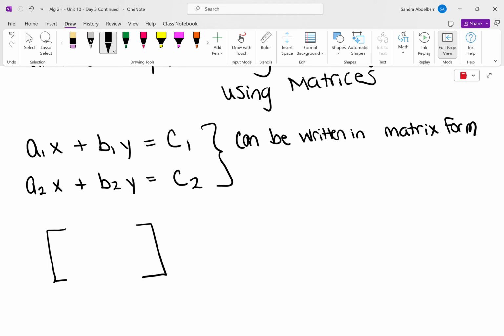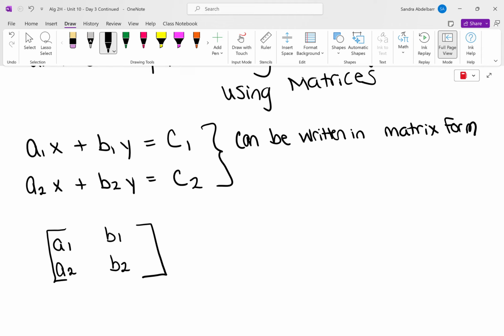So what I'm going to do is set up my first matrix, and my first matrix will be what's on the left of the equal sign. So I'll have an X column, I'll have a Y column. Then that's going to be A1, A2, because it's A1X, A2X, and then B1, B2.